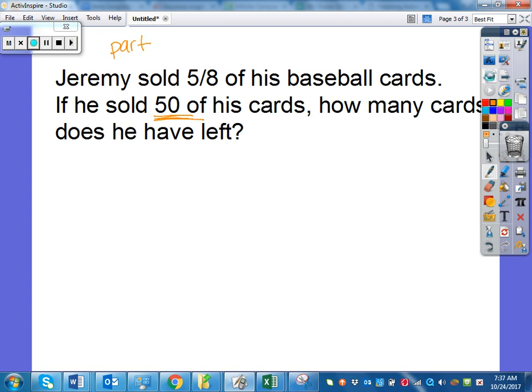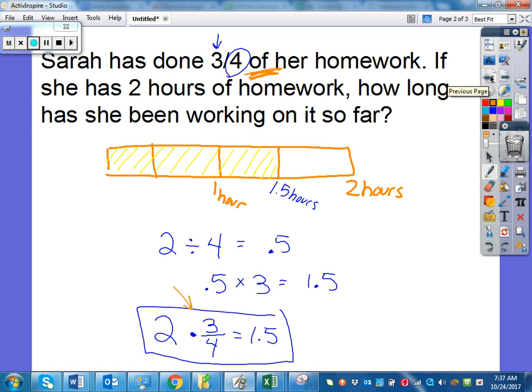Let's go back. In this question, did they give you the part or did they give you the whole? They gave you the whole. A lot of times when we see the word of, we automatically think of multiplying, but we need to be very smart when we read these problems. Yes, the whole number times the fraction is going to equal the part.